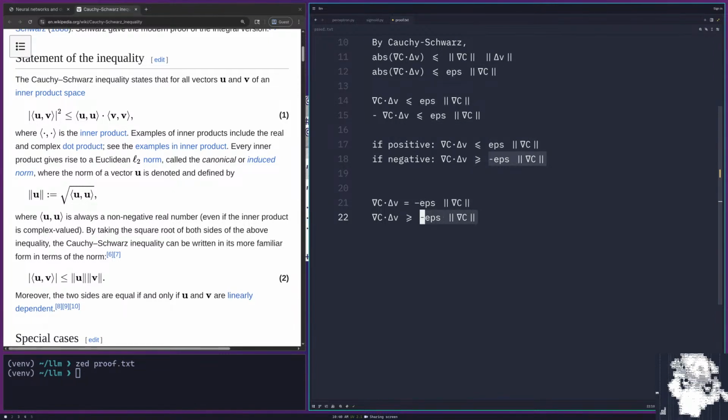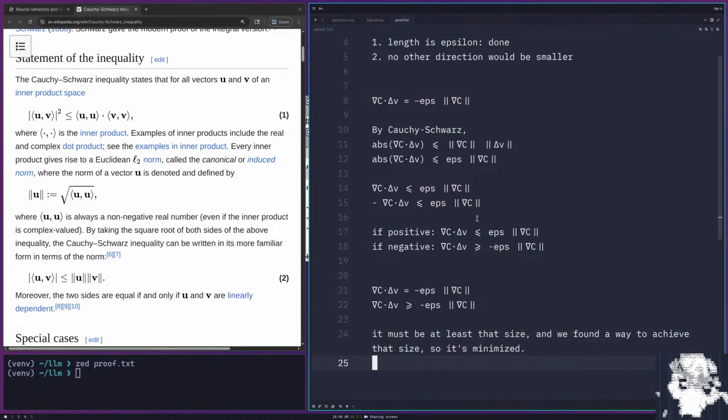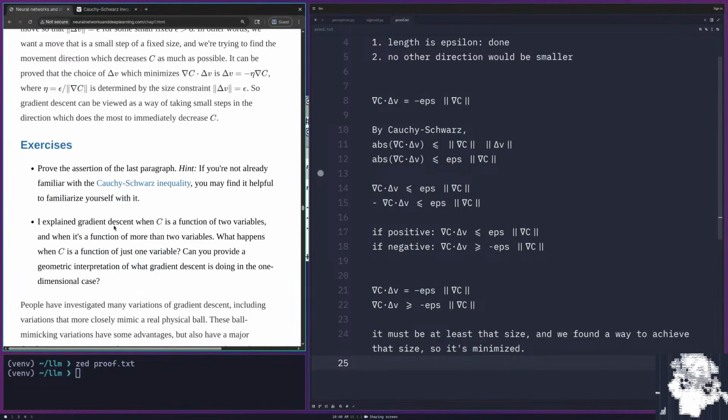So that means that this is the best you can do. Okay, there's our proof. Back to the book.